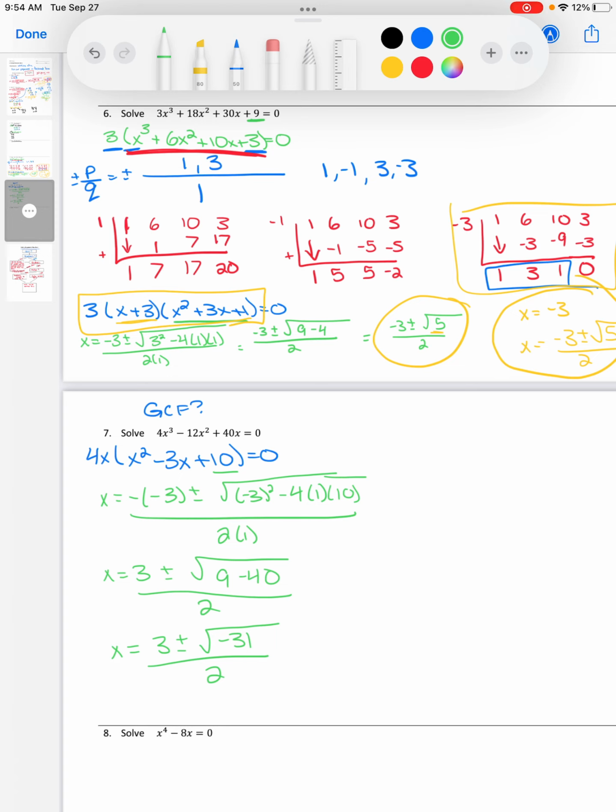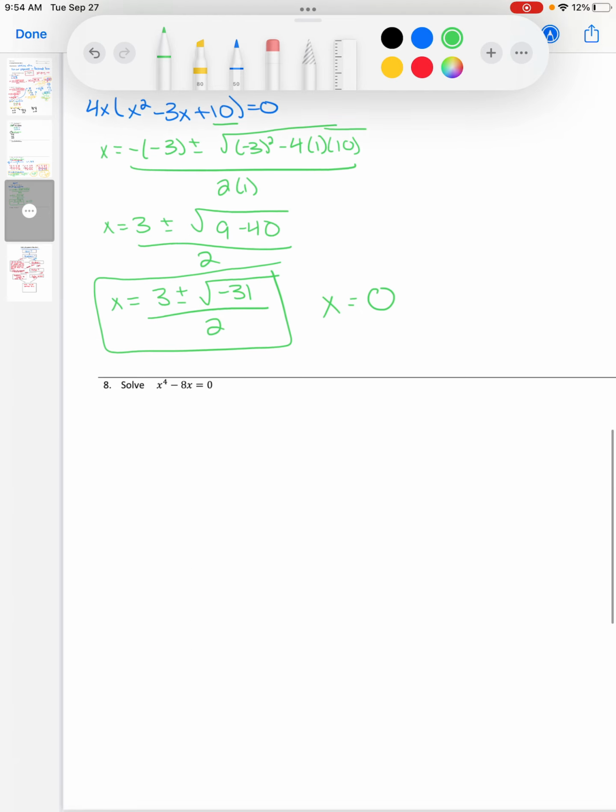Okay, so I'm just going to leave this here because next class is when we're going to talk about answers with i in them. So this is our solution, and what else is our solution? x equals 0.